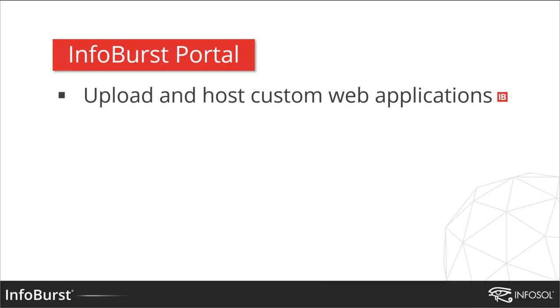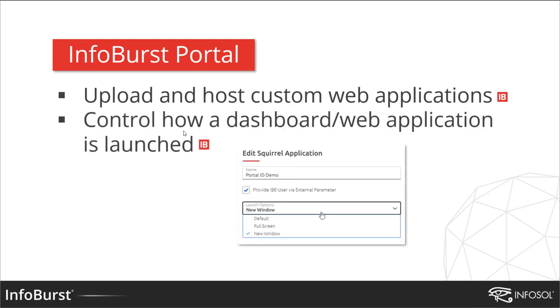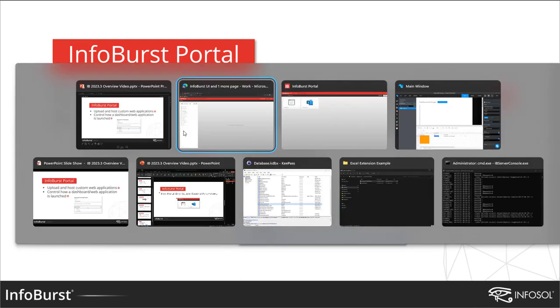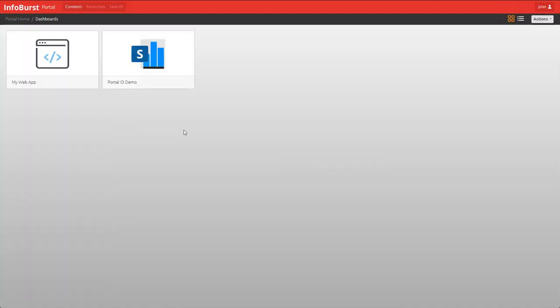And on the topic of hosting Squirrel dashboards and web applications in the InfoBurst portal, we've added some controls which allow the administrator to determine how the dashboard is launched when a user clicks on it in the portal. Let's go back over to the InfoBurst portal, and here we have our dashboard, our web application. And let's first look here.